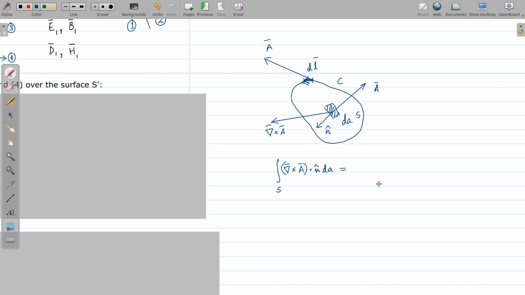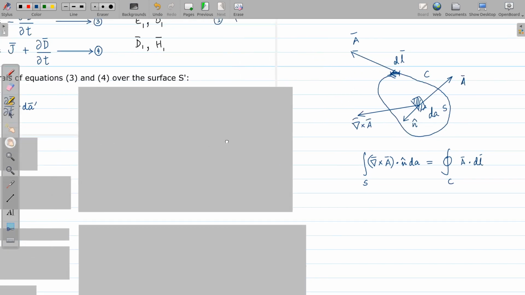Then we take the closed line integral over the entire contour, A dot dl. So we can replace the flux of the curl of a vector field with the line integral of the vector field itself over the boundary contour which contains that surface over which we are taking the flux.